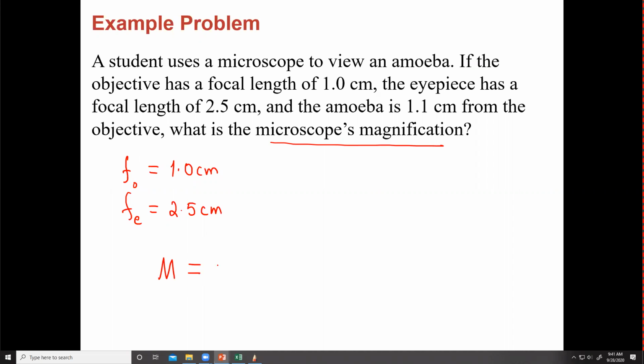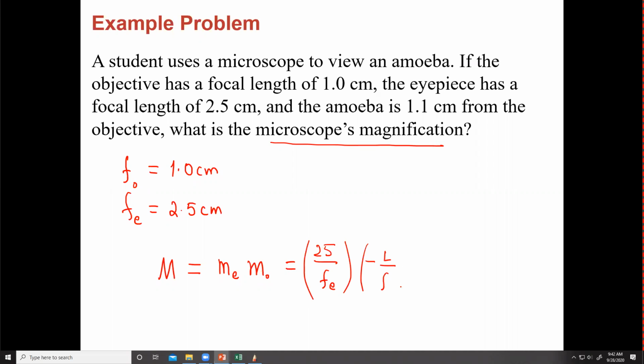And we know from our previous slides, magnification is ME times MO. And ME is, what's the magnification of the eyepiece? 25 over FE, and that's minus, what is that? L over F naught.